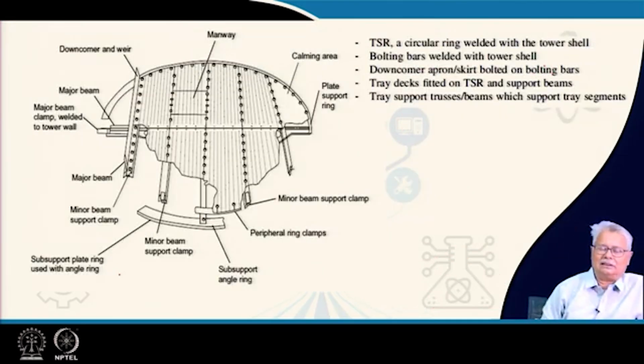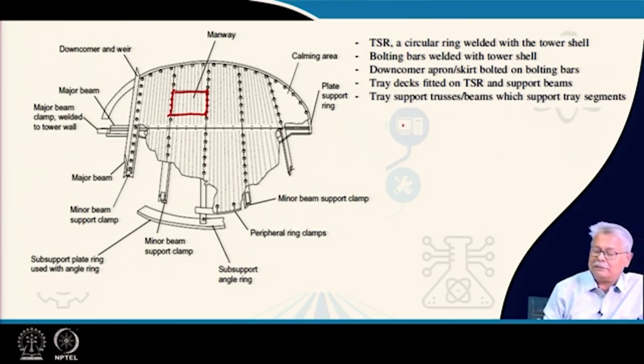This is again the tray tower, and here in my last class I forgot to mention one very important piece. We said that these are segmental decks. The decks are made in segments, inserted through the manhole and assembled inside.